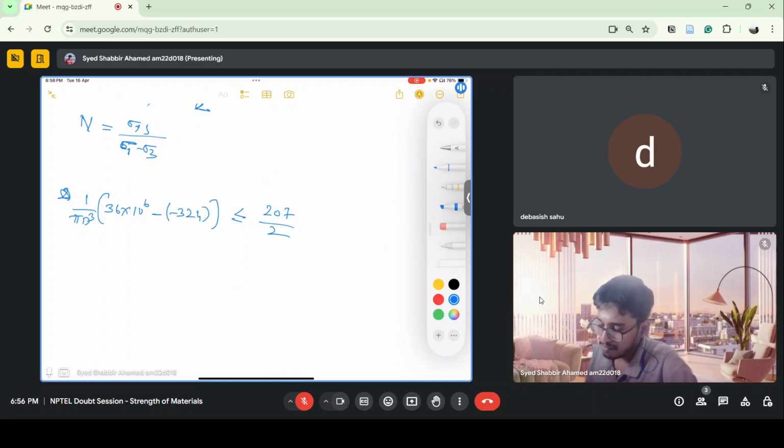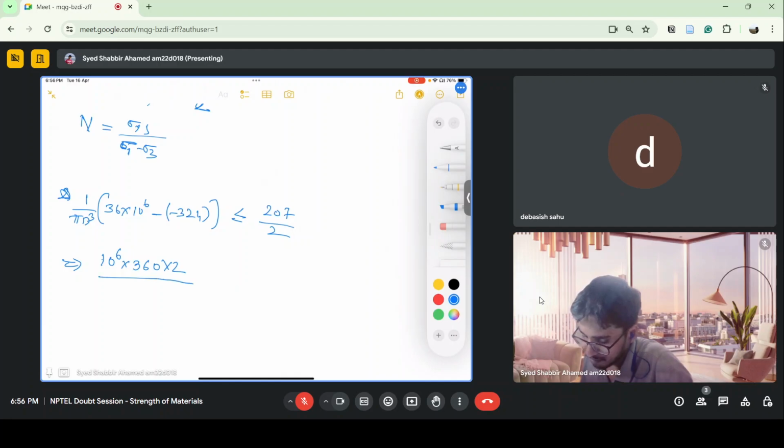So now I can do the calculation for this. I can send pi d cube to the right side, and if I do this, I'll get 360 into 2 divided by pi into 207, which is less than or equal to d cube.